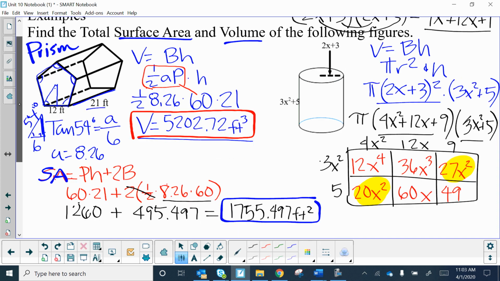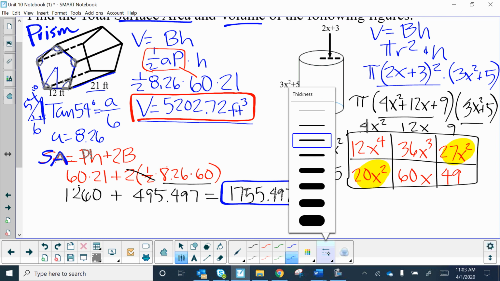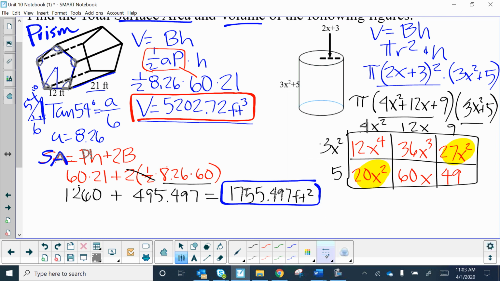So we have, let's scoot down a little bit. We always want to write the highest one first. 12x to the 4th plus 36. You know what? I'm going to need more room. So I'm going to start over. I don't like to run off at the end.